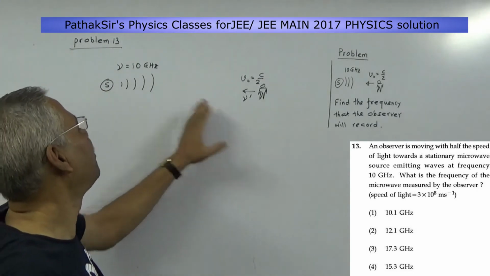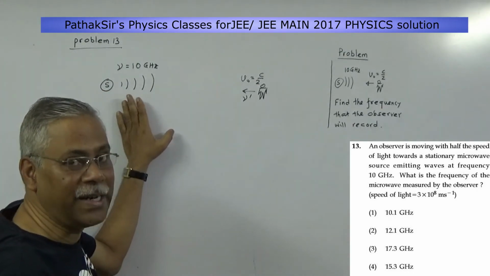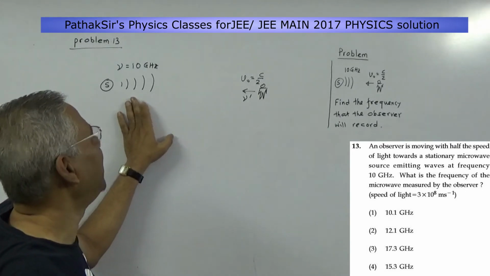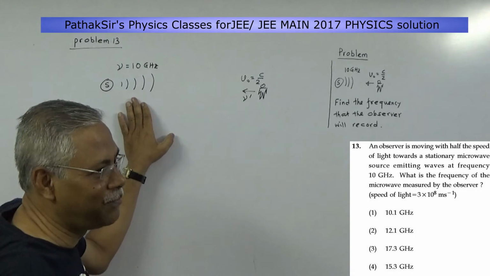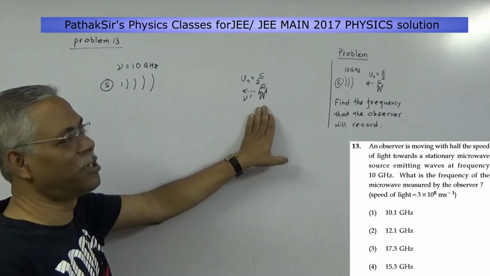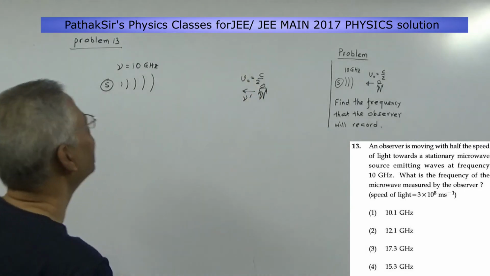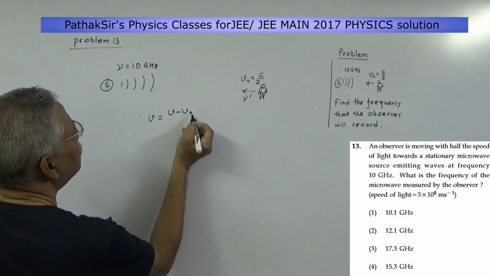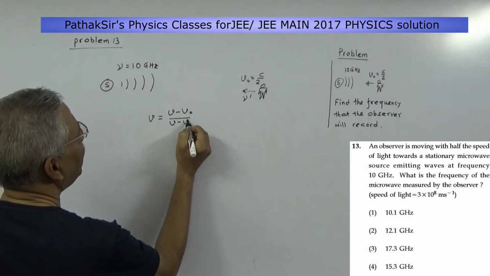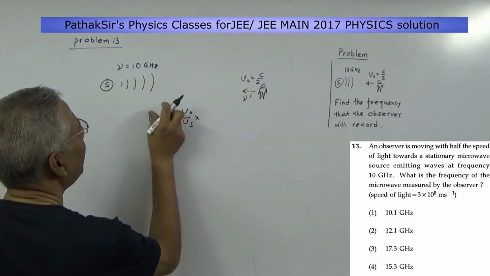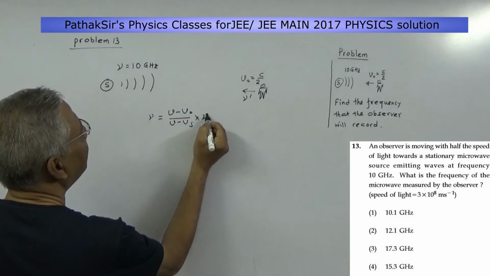Here the speed of the wave is very high, and it is electromagnetic radiation, so the speed of the wave is the same as the speed of light, and the velocity of the observer is also quite high. So we will not use the formula that we use for sound waves, (v minus v_o) by (v minus v_s) into nu.